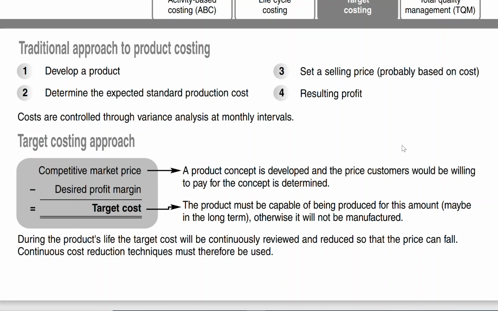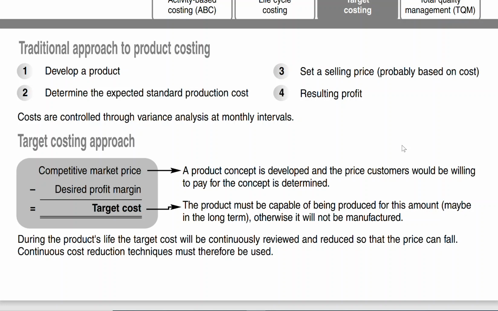Target costing says, first find the selling price, see whether people are willing to pay that price in the market. From that price, deduct a profit and then find the cost.